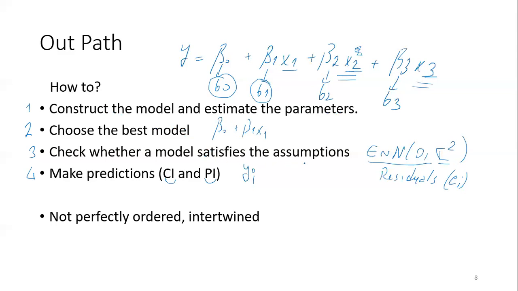If you see that it doesn't satisfy the assumptions, maybe you go back to step 2, or go back to step 1. So this is not a perfect flow from 1 to 4; you will have some go-backs, or feedback loops. As I said, we will see them in detail as these slides come in.